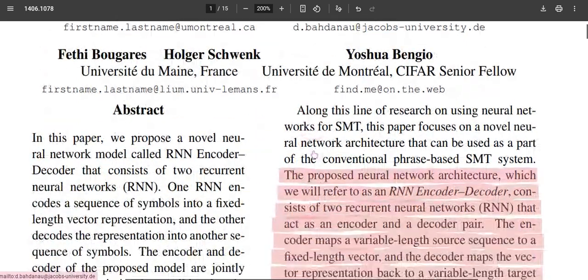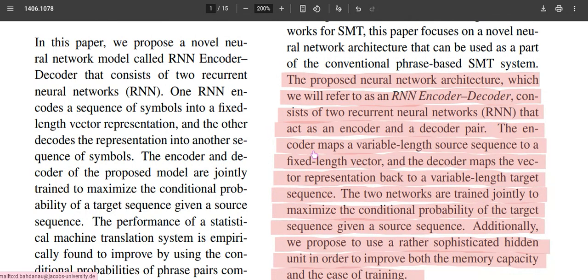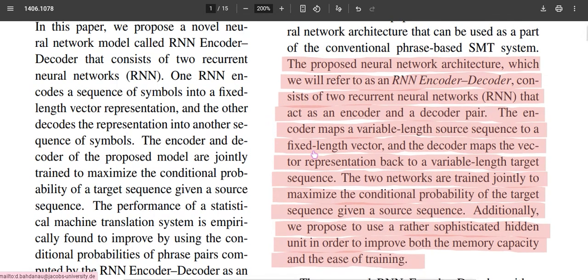What this paper says is, it proposed a neural network architecture which will be referred to as an encoder decoder mechanism, and this basically has two recurrent neural networks. One is an encoder and the other one is a decoder. The encoder maps a variable length sequence of words into a fixed length vector, and later the decoder takes that fixed length vector as an input along with the other usual input.